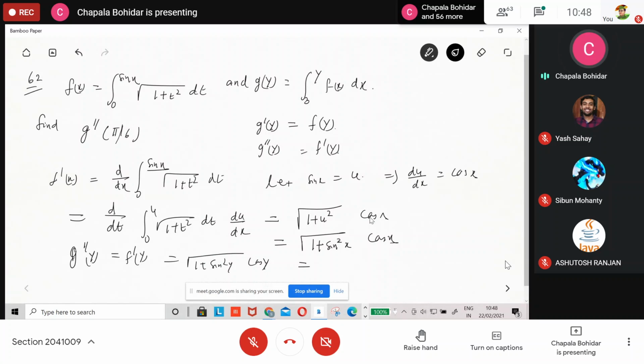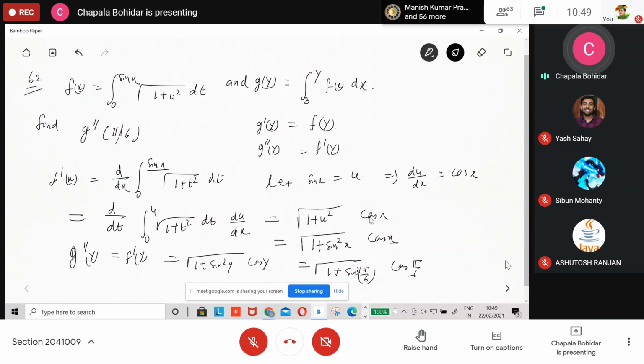Sin square pi by 6 is how much? It is 1 plus sin square pi by 6. Sin pi by 6 is how much? 1 by 2. Yes, 1 by 2 means sin square is 1 by 4.